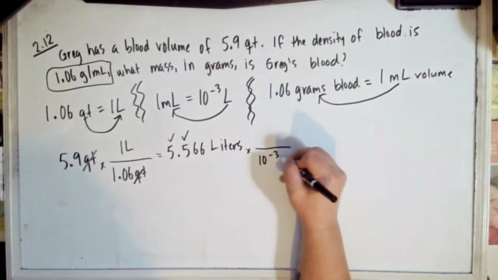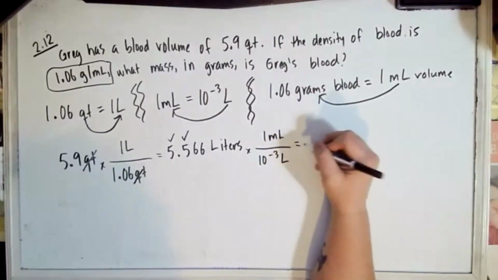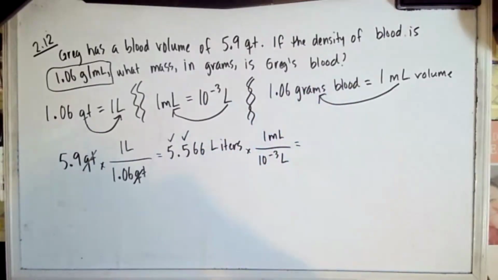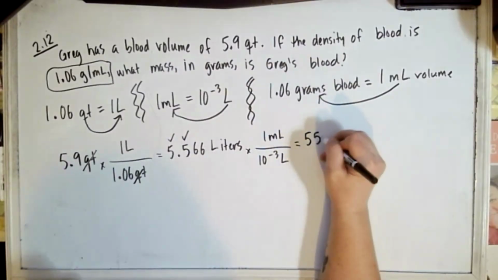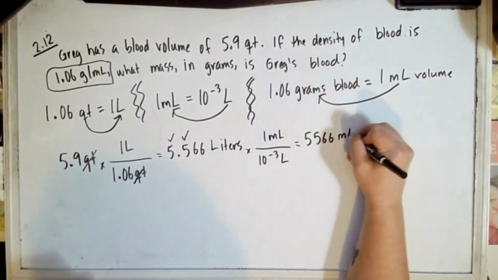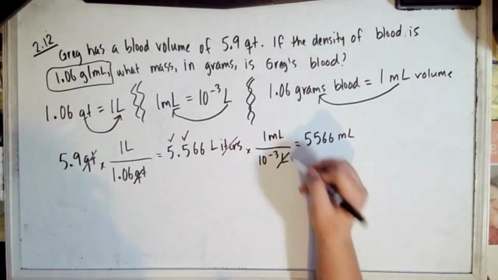So there's going to be 10 to the negative 3 liters in every 1 milliliter, which means we're going to end up with 5,566 milliliters. And you see our liters unit cancels out.